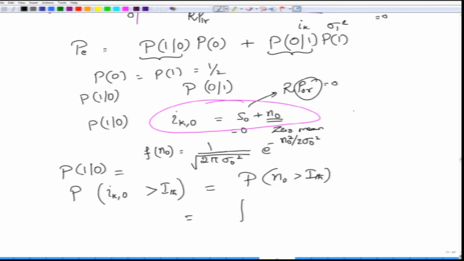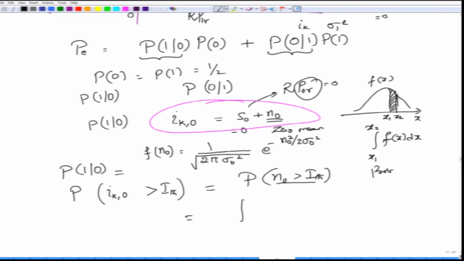If I take a probability density function that looks like this, as a function of some independent variable x, so this would be f of x, the probability that an event lies between say x1 and x2 is given by integrating the probability density function from x1 to x2, of f of x dx. Similarly, if I want to know the probability that noise is greater than I_TH, I am looking at the probability of this entire area.